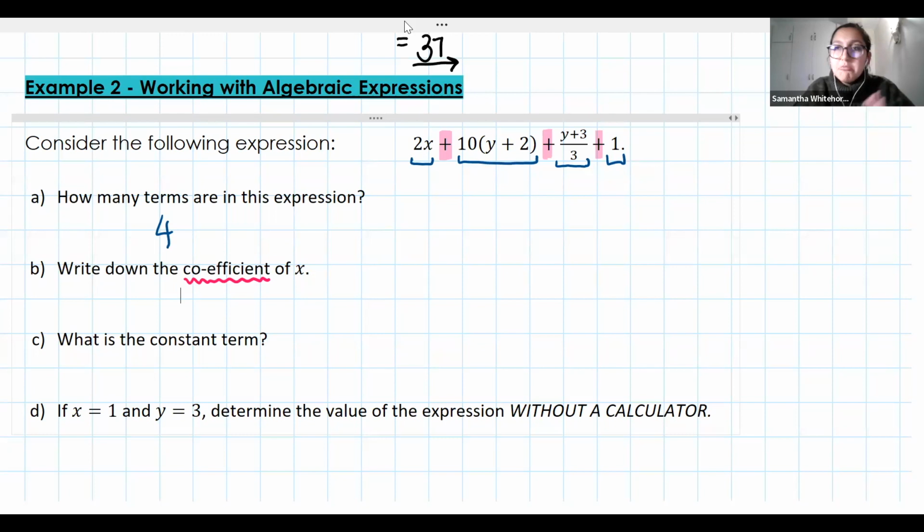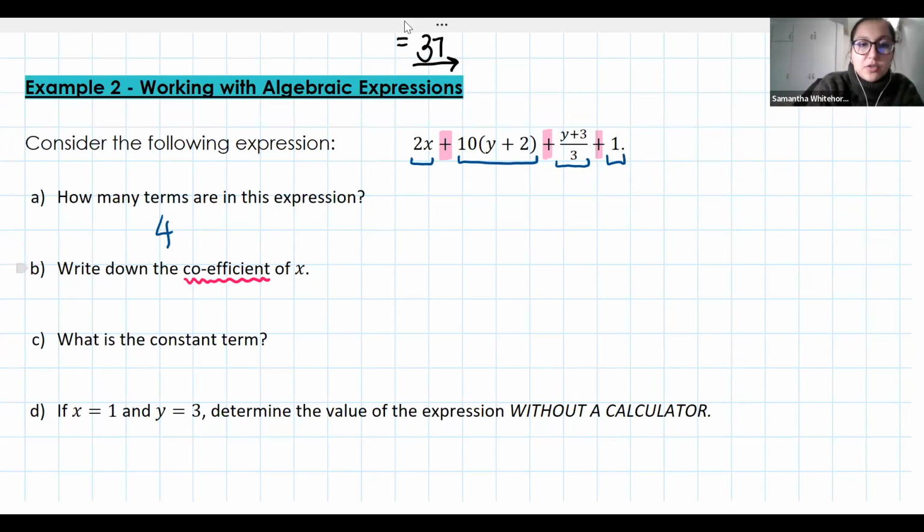Right, so guys, that's exactly what a coefficient is. It's the number that is being multiplied with our variable. If I specifically asked you for the coefficient of x, the first thing we want to do is find x in our expression. We've only got one term with an x, which is term number 1. Now we want to see what number is being multiplied with this x.